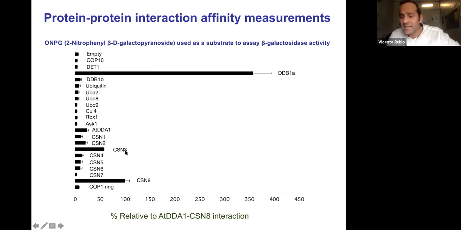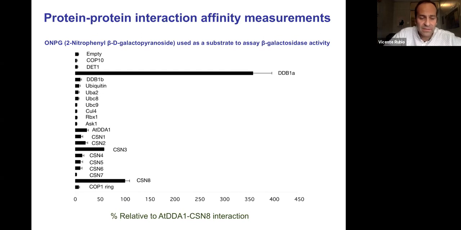I will talk about this in the second part of the talk. So these are examples of how to use yeast two-hybrid, to carry out a search of potential interactors, or to look for interactions with a specific collection. There are available collections of transcription factors that can be tested against your protein of interest.